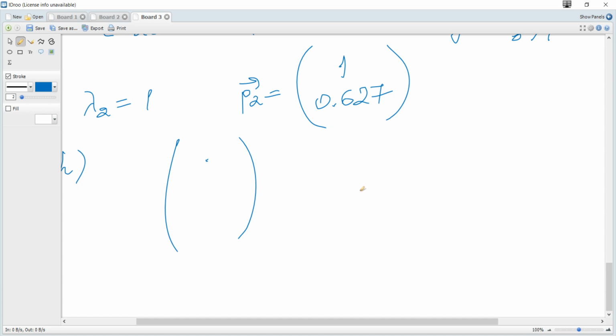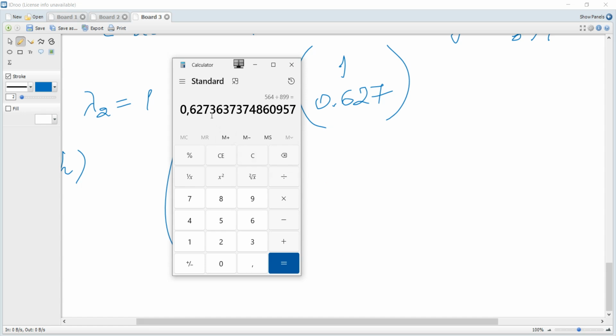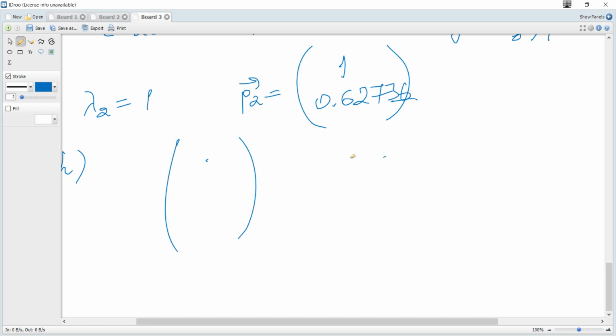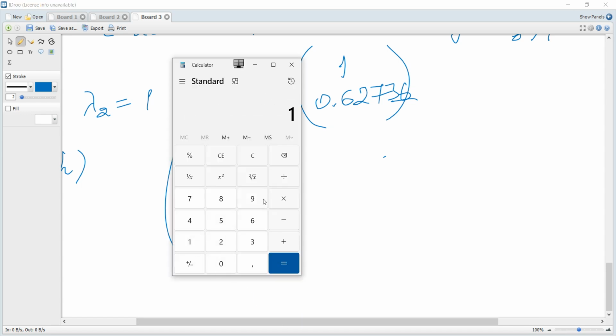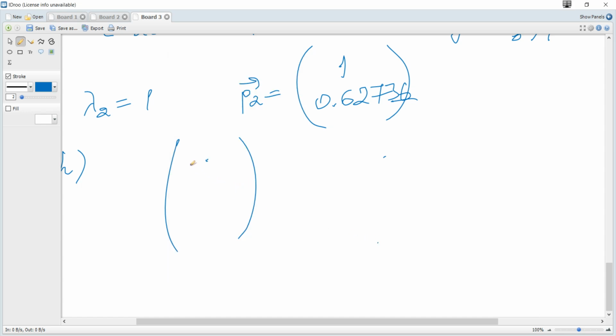And just scaled to 1, it becomes just 1 divided by 1.627, and it's 0.614. So probability to win the first match after a long period of time is this from steady state vector.